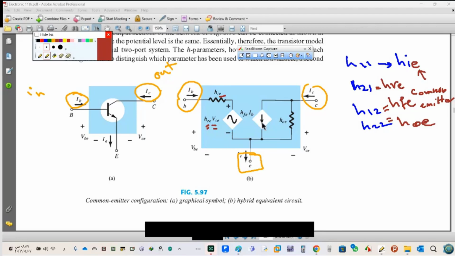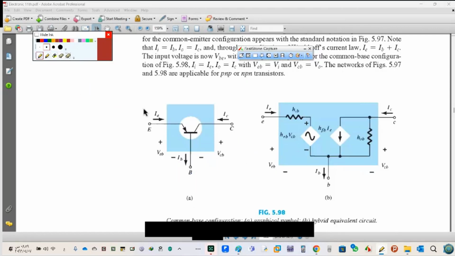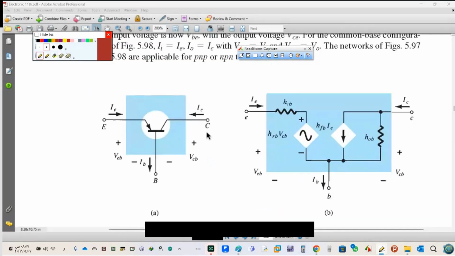HFE relates IB and IC, HRE relates VCE, input and output. And same thing we will find for common base. Because it's common base, I have also HIB, HRB, HOB, HFB.